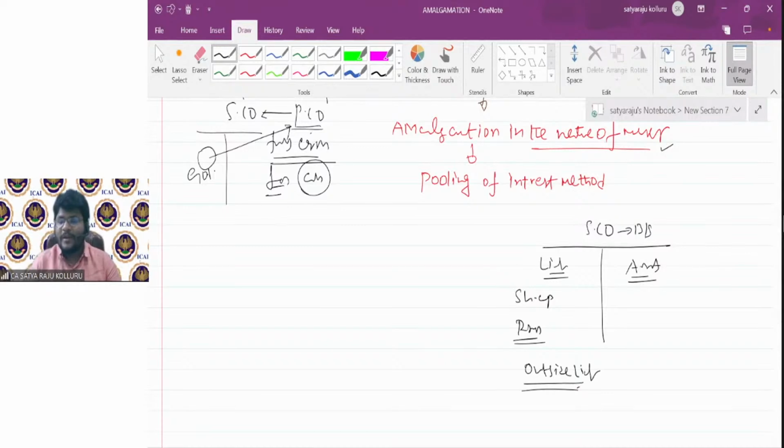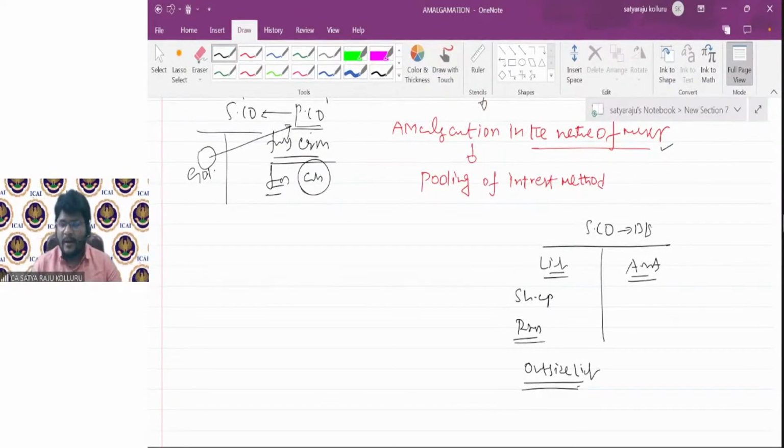The main difference between amalgamation in the nature of purchase and amalgamation in the nature of merger is, in case of amalgamation in the nature of merger, the purchasing company will take over not only assets, but also liabilities, inclusive of reserves and surplus. One more time, I'm repeating.